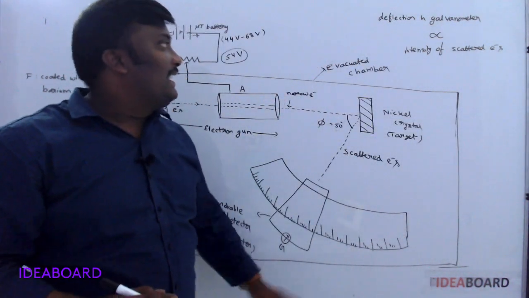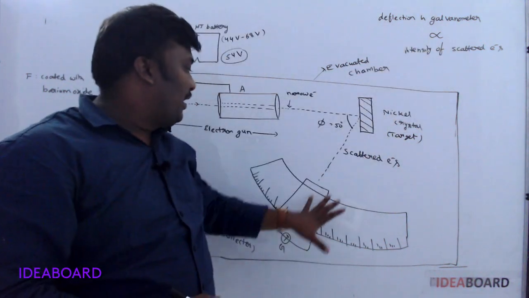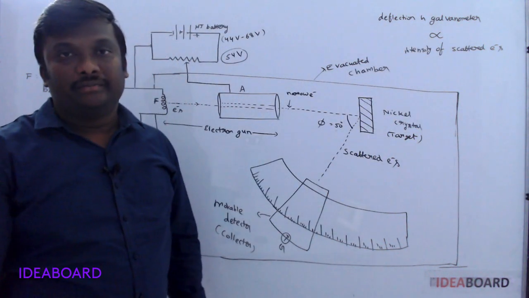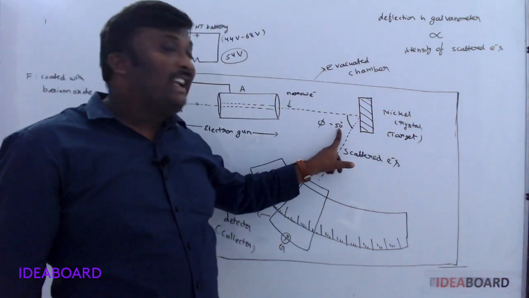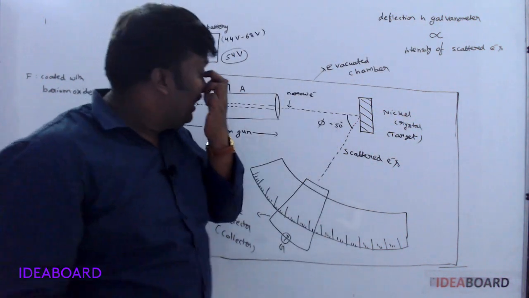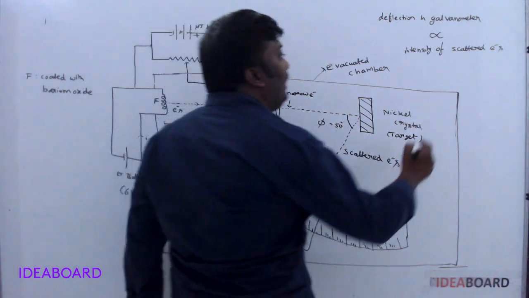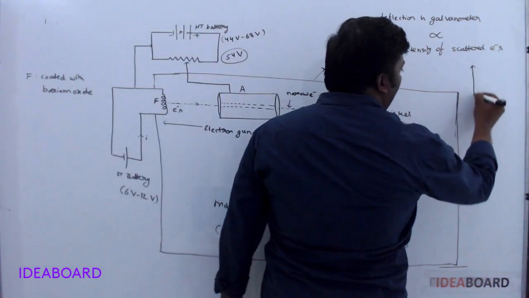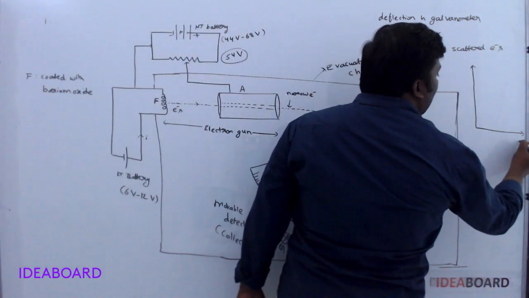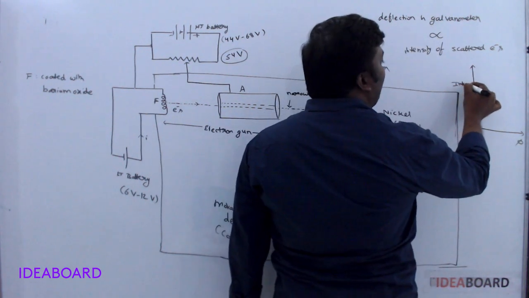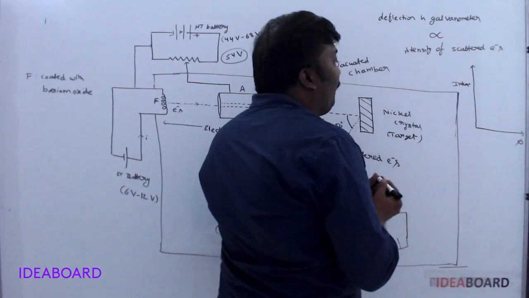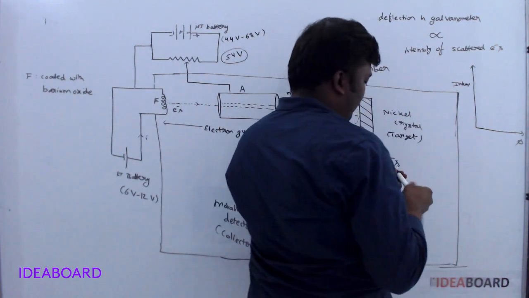More deflection indicates more scattered electrons reaching the collector. Okay, so this will happen particularly at 50 degrees. Meaning, if you draw a graph between the scattered angle and the intensity of radiation, then the graph will come like this.